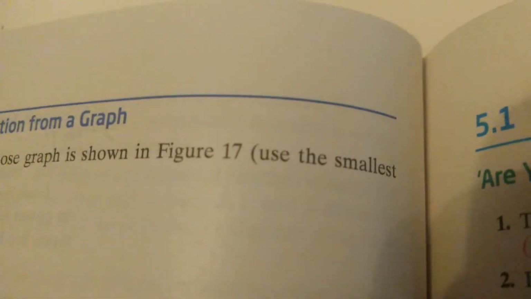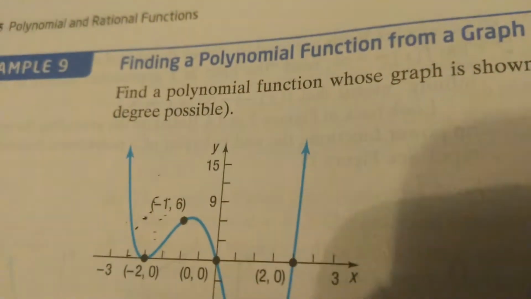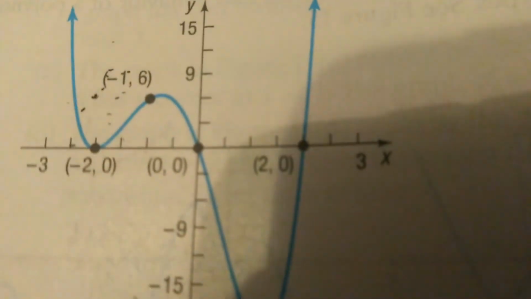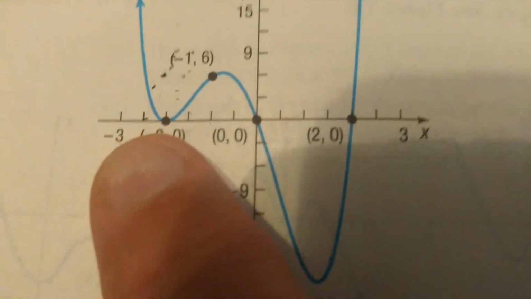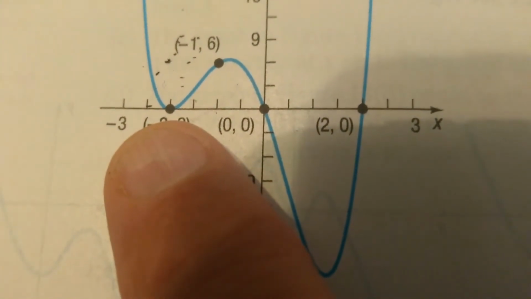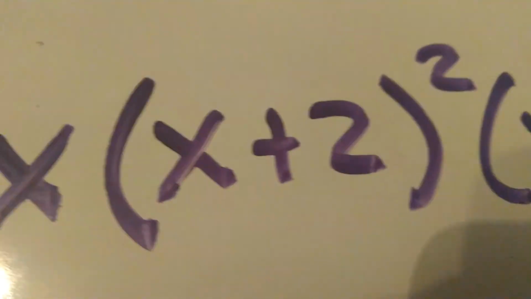If I read further in the directions, it says use the smallest degree possible. So the smallest degree for a zero being touched and going the other way is 2. That's the reason I put x plus 2 squared. We look at the next zero, it's at 0, it's passing through, so it just means x to the first power.